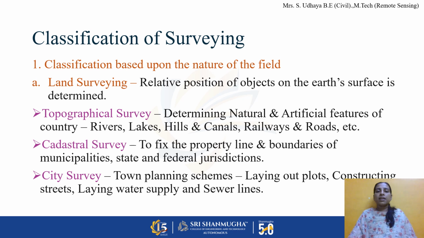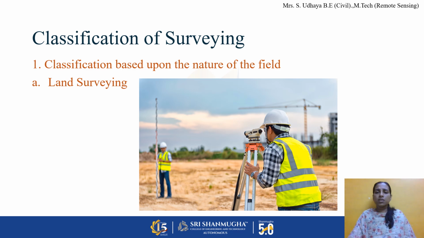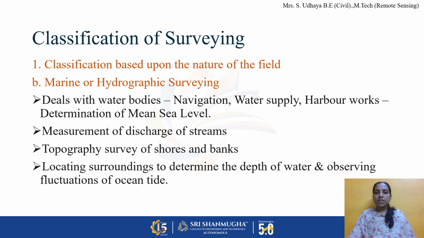City survey is used for town planning schemes, preparing layouts of buildings, or projects like water supply, sewer lines and laying out works. You can see in this image the survey which is done under land surveying.